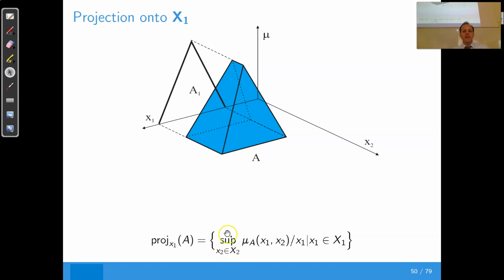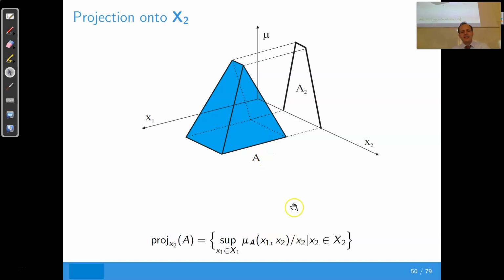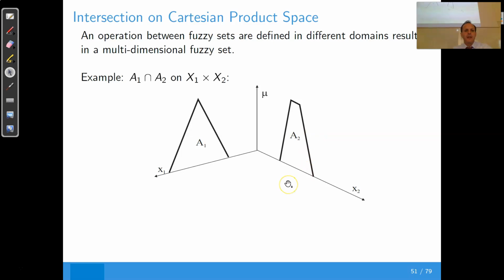In the previous case, you take the supremum with respect to all x2 belonging to X2, so you find all possible x2 by varying x1. On the other hand, you find the supremum by varying all x1 with respect to x2, and you find a trapezoidal shape.